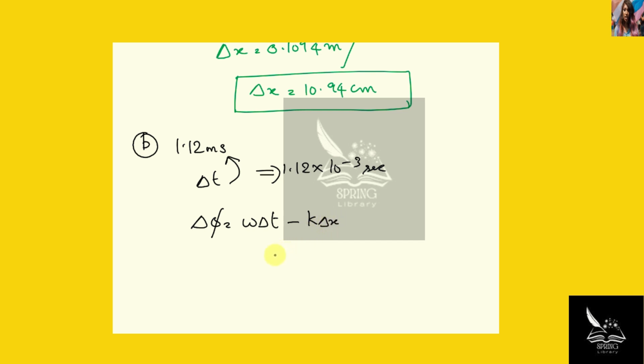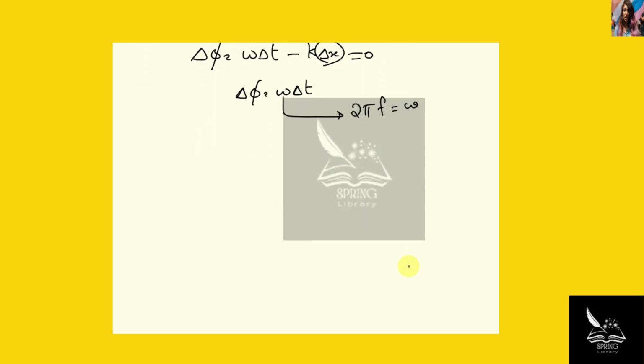So at a fixed point, that is at delta x is equal to 0, delta phi will be equal to omega into delta t. Omega is the angular frequency, so omega is equal to 2 pi f. Let's substitute this into the equation. Therefore, delta phi becomes 2 pi into f into delta t.